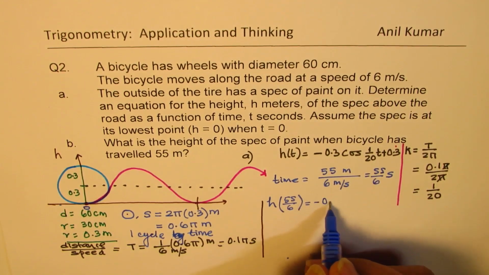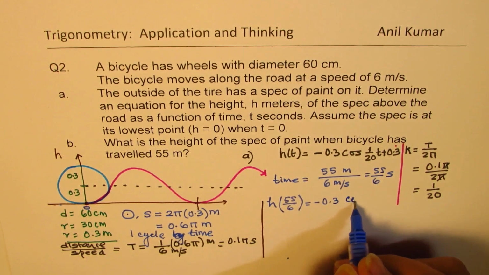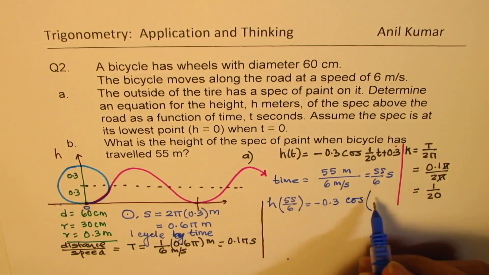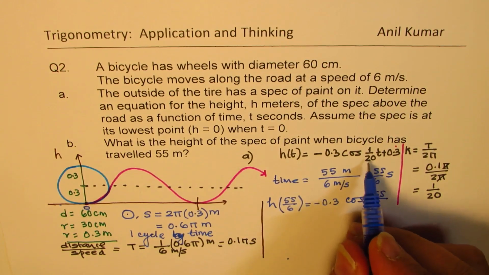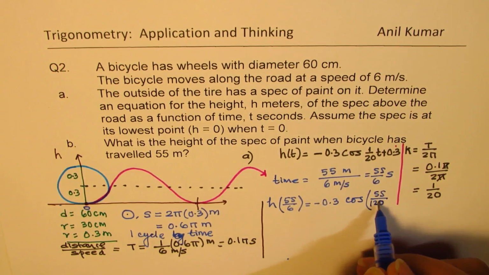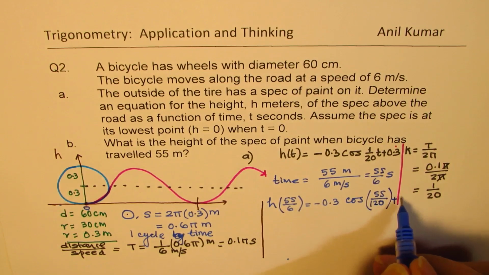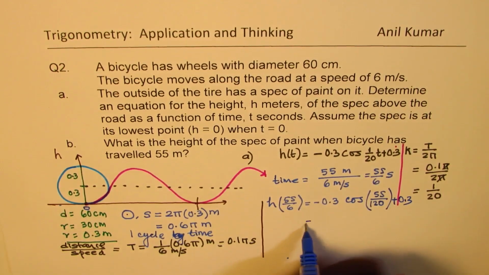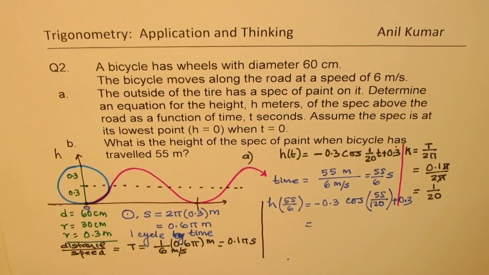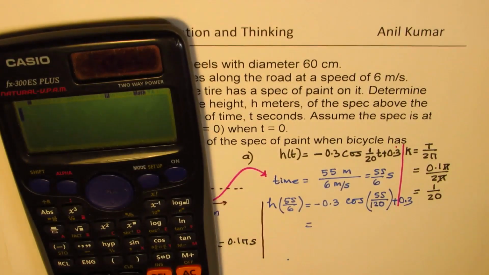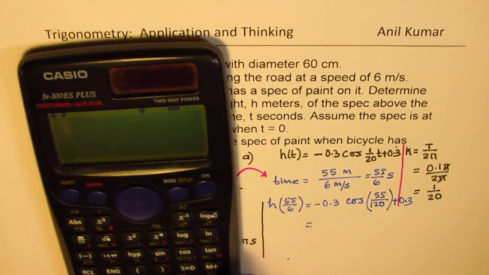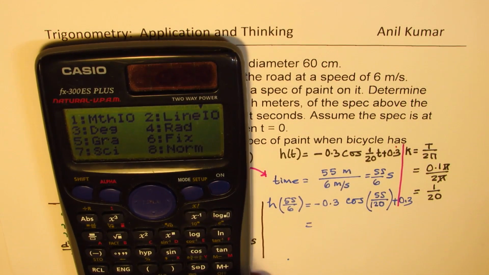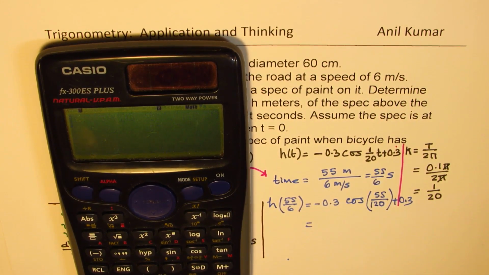So we get minus 0.3 cos of 55 over 6 times 20, which is 120, right? So we substitute this value plus 0.3. So let's use the calculator to find this answer. We should set this to radians. That is another important thing whenever you're working. For me, 4 is radians.